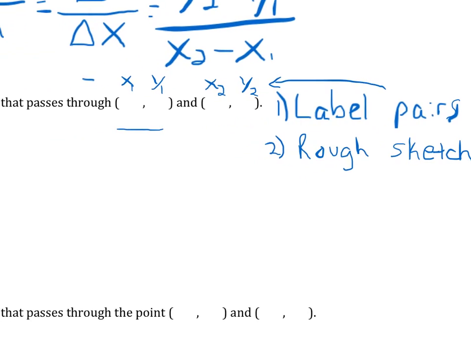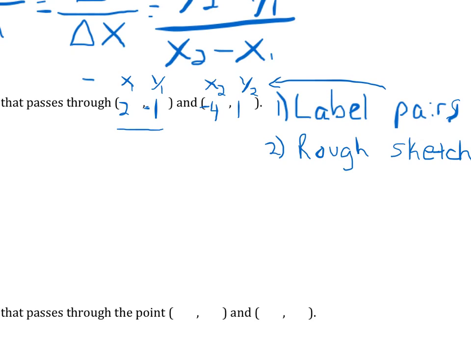Now, I actually want to give you the points so that we can start to do the rough sketch. So, example number 1 here. Let's do the points. Let's do a +2 and a -1. You guys are filling this in with me. +2, -1, and then -4 and +1. Okay, those are the points that we're going to use.